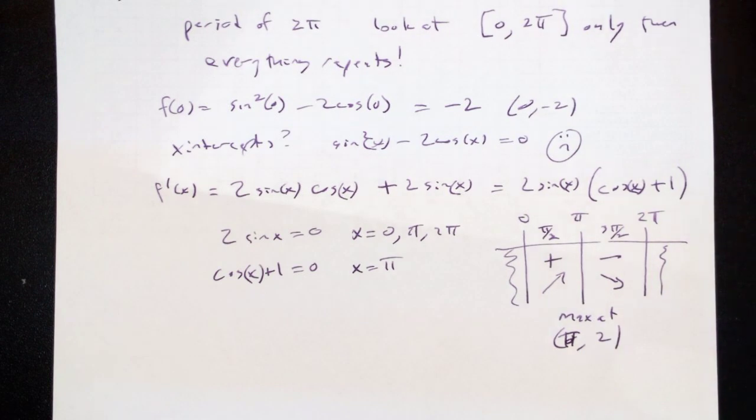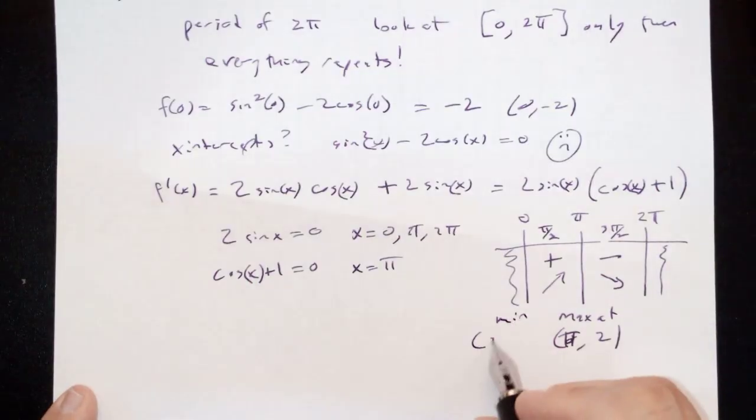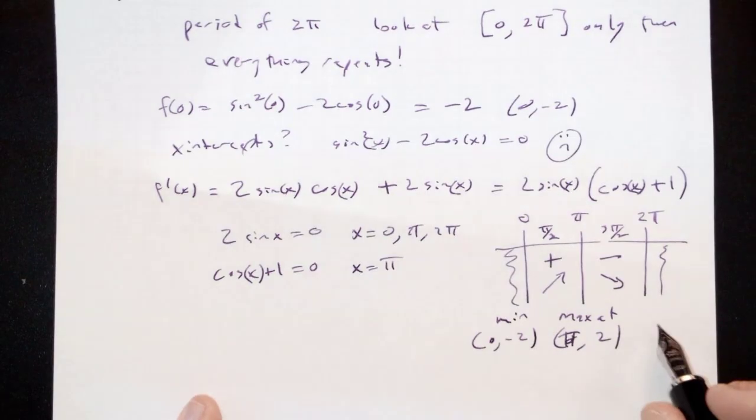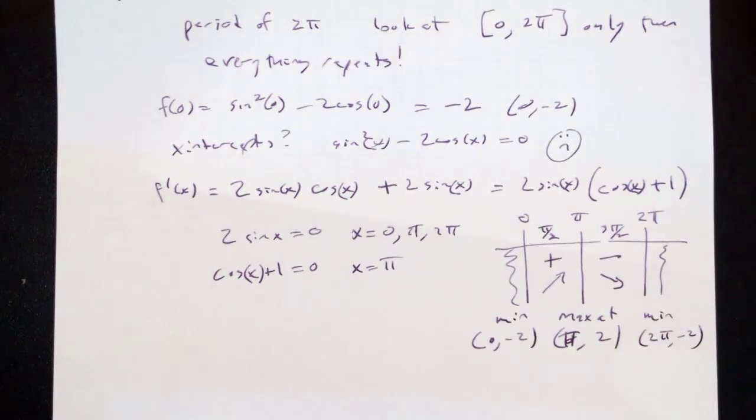So both 0 and 2 pi are minimums because we're going to repeat. But it repeats every 2 pi, which means I know the y value is also negative 2 there. Now, I only showed you one period, but literally I can make a copy of this here and a copy of this to the left, and I can keep going infinitely far to the left or right.